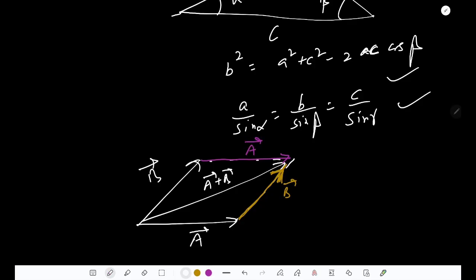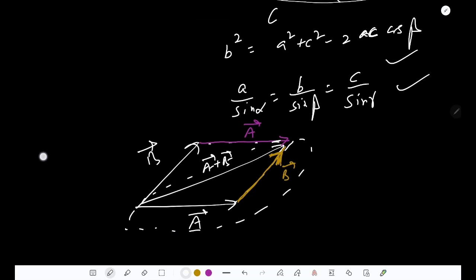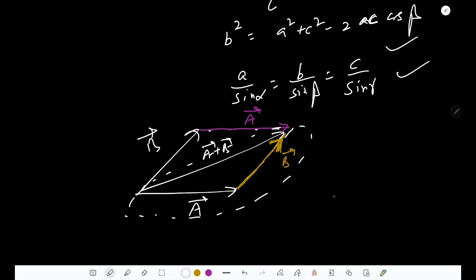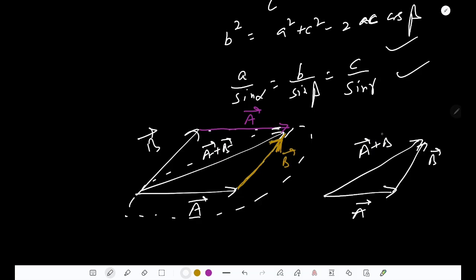And then you can find out any of the triangles, because we have two visible triangles here. First triangle, I'm going to redraw it: this one is vector a and this one is vector b, and we got a vector a plus b like this.